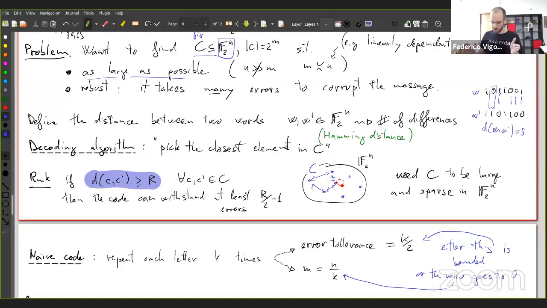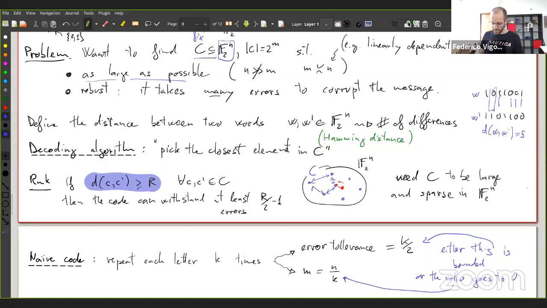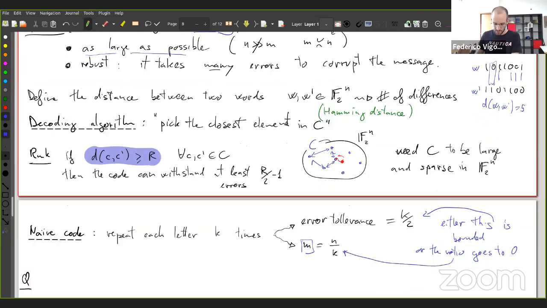That is, if you fix k, then you can only fix as much as k/2 errors. And if you want to be able to fix a bigger number of errors, then you have to reduce the size of your code. And so you're able to send fewer messages. And so in this sense, that naive code is not very good.